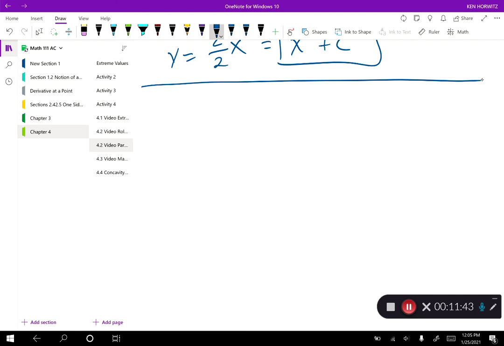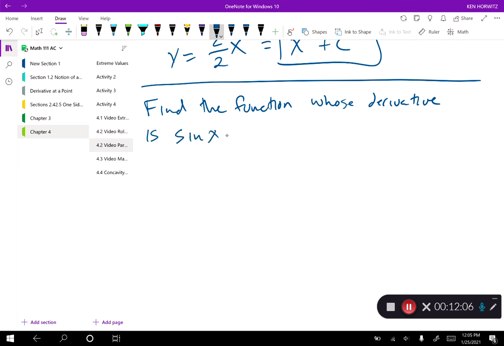So we're going to find the function whose derivative is sine x, and passes through (0, 2).